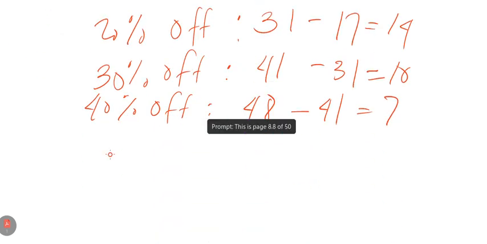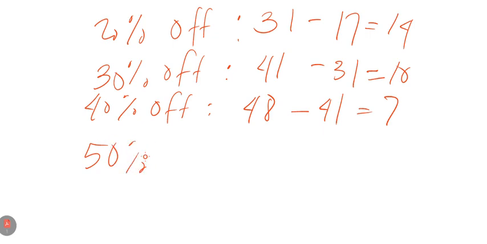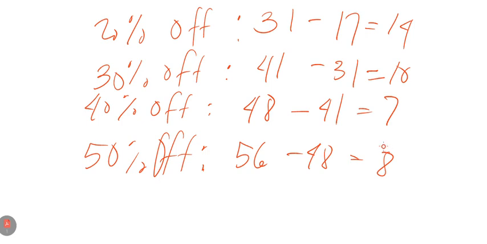And for the last one, the 50%, we have 56 minus 48, which is 8. The cumulative number of customers is 56. We find the individual frequency by subtracting the previous cumulative value from the current one. So we have 17, 14, 10, 7, and 8.